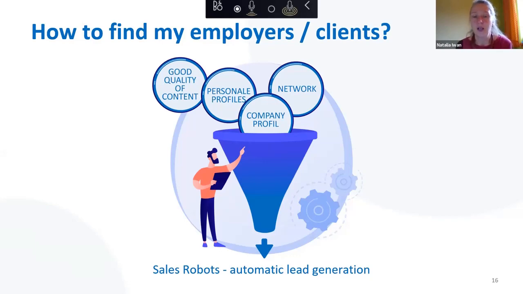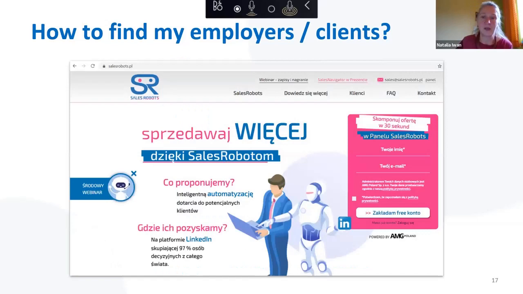We can use Sales Robot for automatic lead generation. This is a website, salesrobots.pl, and I know that it's in Polish, as you can see, but I contacted them yesterday, and they are absolutely sure that the system, the interface, the robot is able to work in Georgian too.